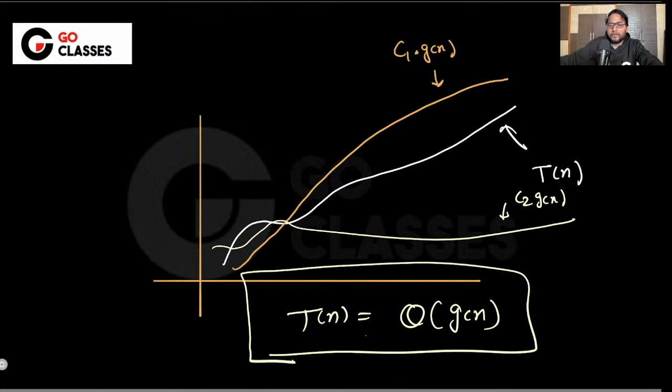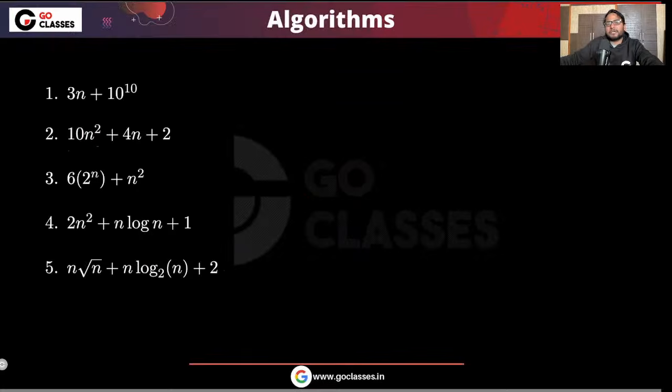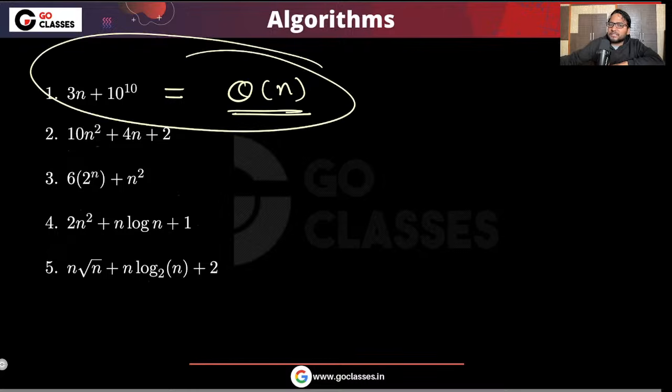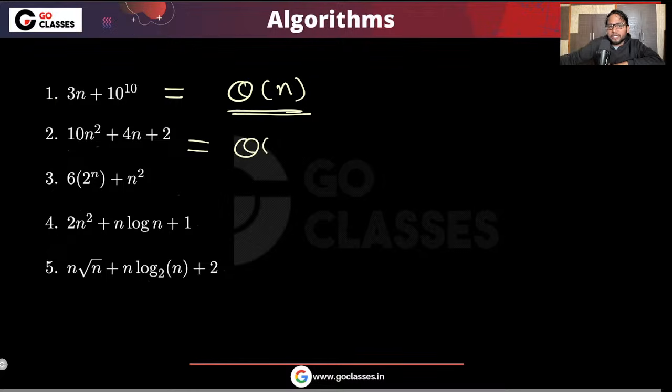Is this understood? Let's see with the examples. Can I say it is theta of n or not? Let's not worry about the c1 and c2 values. Isn't it theta of n square? Isn't it theta of 2 power n? Why? Because you can just take the most significant term, and these two are asymptotically equal.